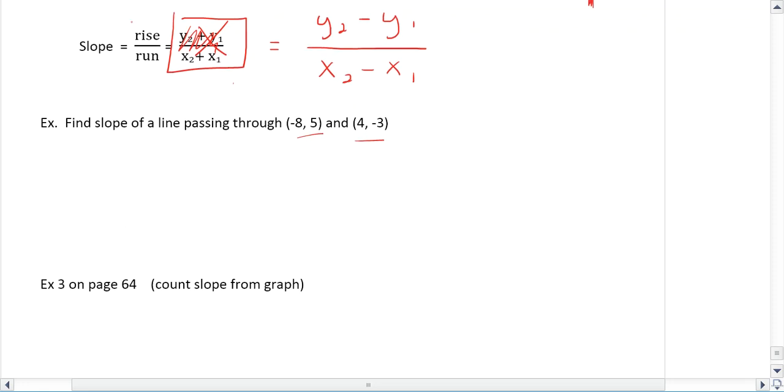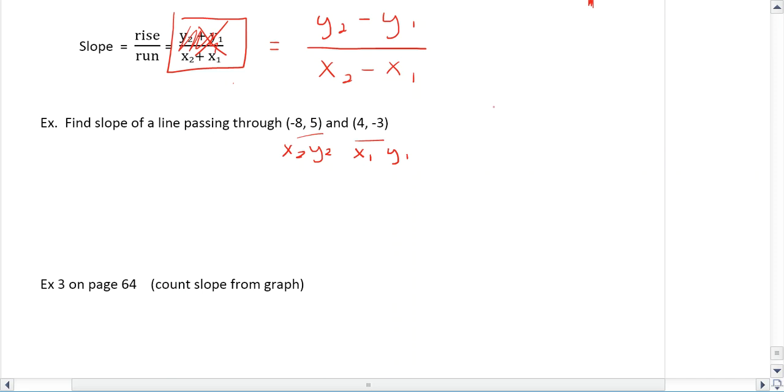So I guess for this example, I'll just call this one x1, y1, and this one x2, y2. It wouldn't matter, you'll still get the same answer either way you set this up. But please remember, the y's go on top. It's human nature to try to always put the x's on top because it comes first in the alphabet.